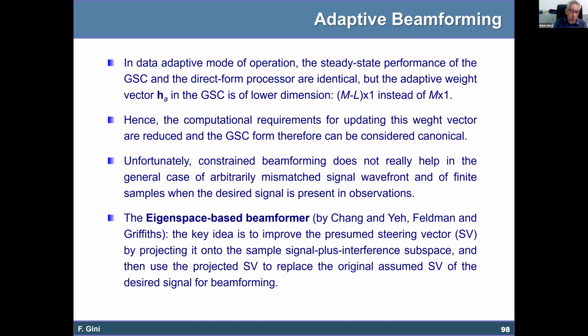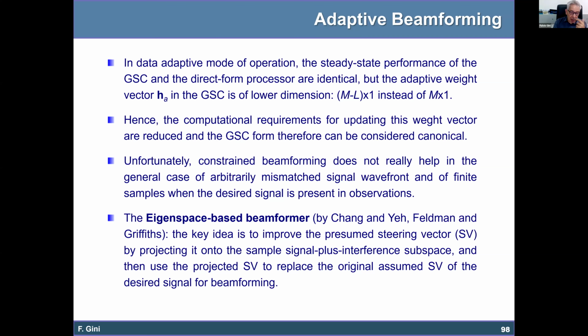I just wanted to mention the concept of linearly constrained minimum variance beamformer, which is basically an extension of the Capon beamformer when we want to impose multiple constraints.